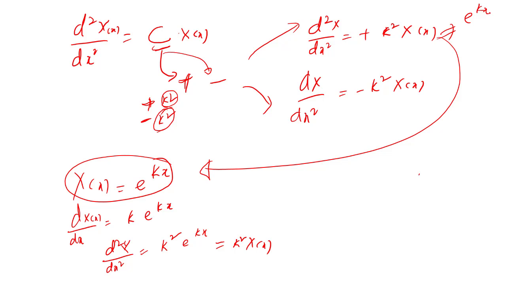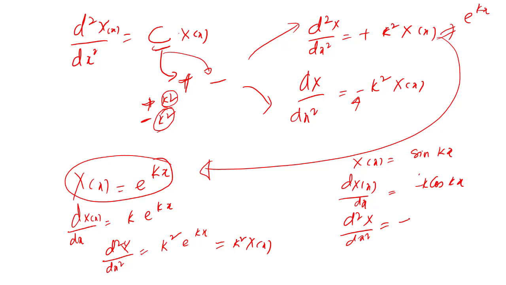Now let's look at the minus sign. If you take a trigonometric function like X of x equal to sine kx, then dX/dx would be k cosine kx, right? And d²X/dx² would be minus k squared sine kx.